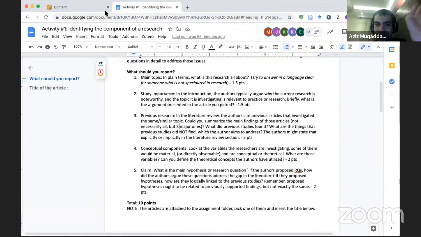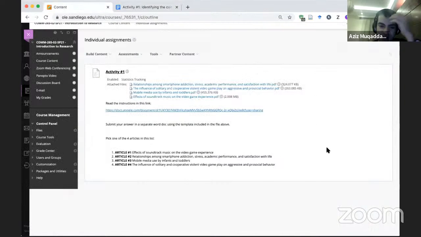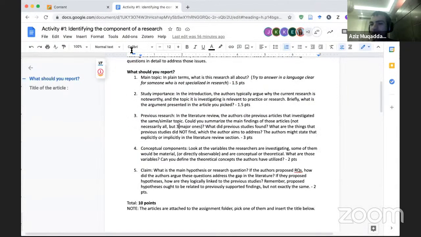You can see right here, mobile media used by infants and toddlers, tell us what they did. Like they researched this has an effect on that, right? And if there are some complicated terms, you just need to explain them in plain terms. That's it. So just by reading the title and abstract, you should be able to answer this part.